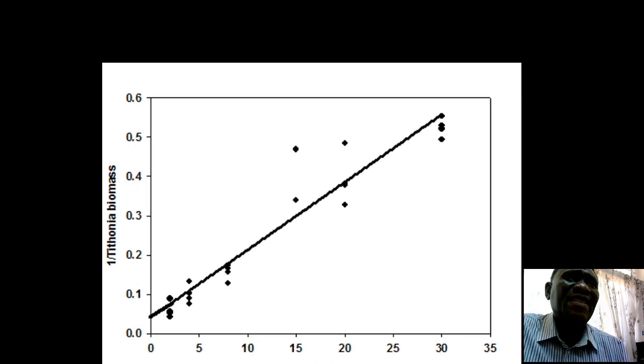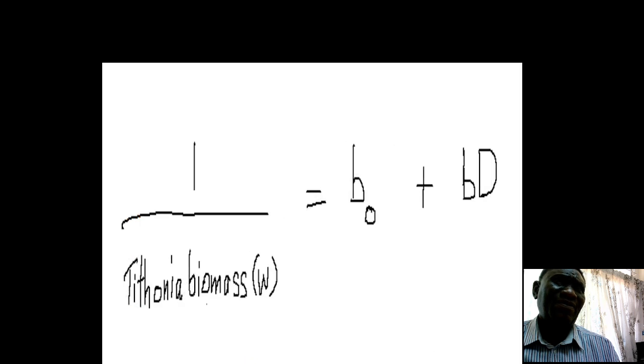And by plotting the reciprocal of Tithonia biomass, a straight line was produced. And that could be the equation for Tithonia biomass. The reciprocal of Tithonia biomass becomes a straight line, BO plus BD.